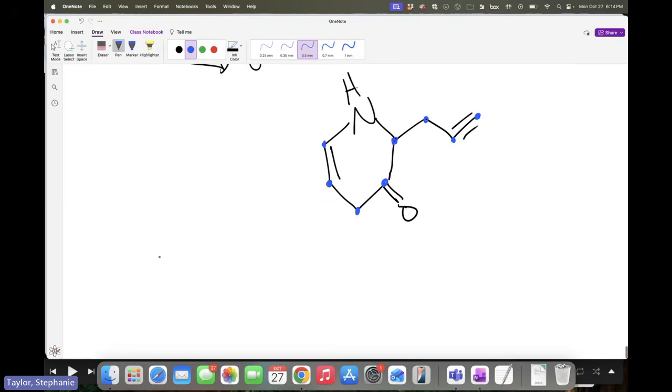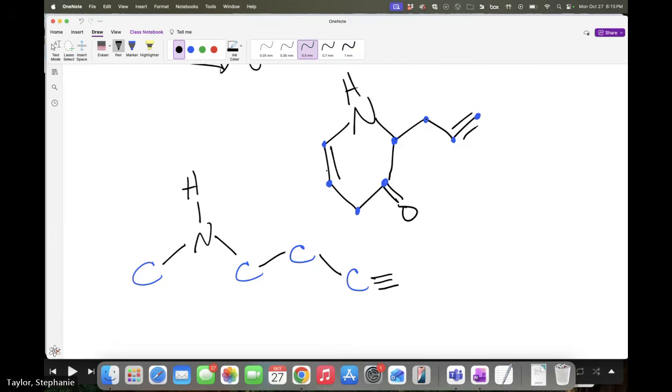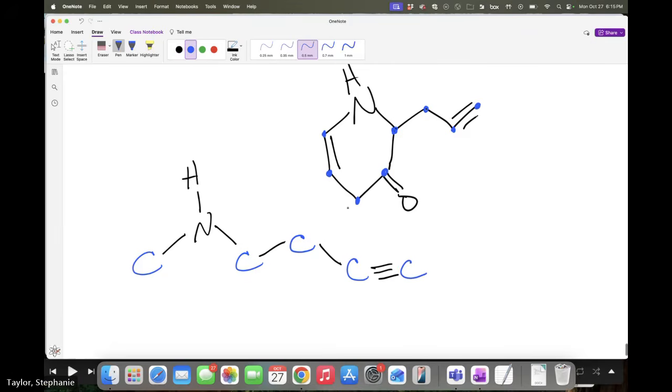So if I just redraw that part, I'm going to also draw the lines in there. Everywhere where there's 2 lines together, those are double bonds. So I do in fact have a carbon single bonded to a nitrogen with a single bond to a hydrogen, to a single bond with a carbon, to a single bond with a carbon, to a single bond with a carbon, with a triple bond, 1, 2, 3, to a carbon.